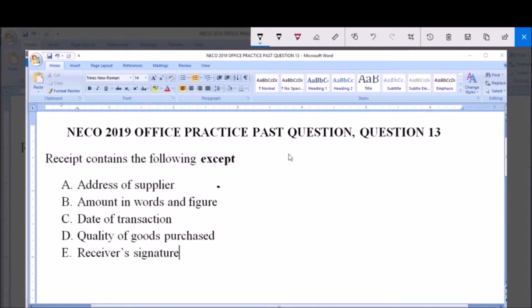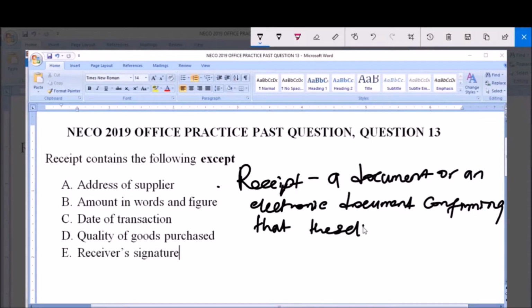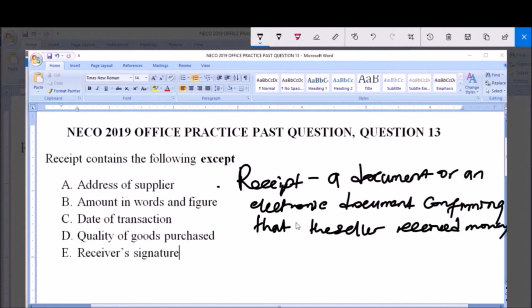Now what is a receipt? A receipt is simply a document, that is a piece of paper or an electronic document, confirming that the seller received money from the purchaser.